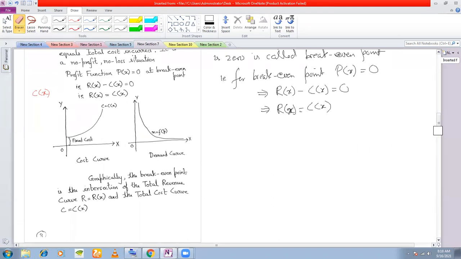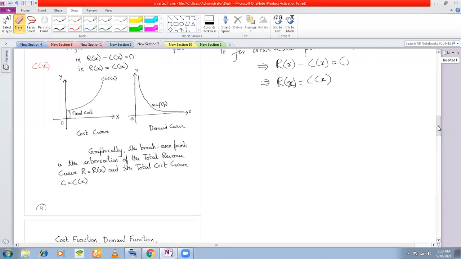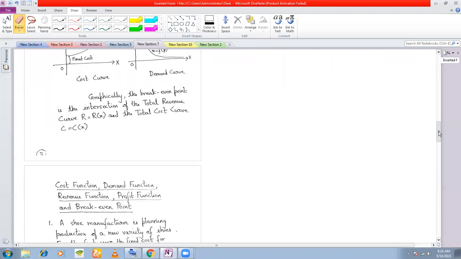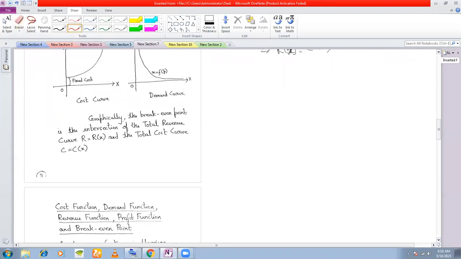Yes, sir. Okay, you can note this also. Graphically, although you will not get graphs, the break-even point is the intersection of the total revenue curve, not the demand curve, and the total cost curve.